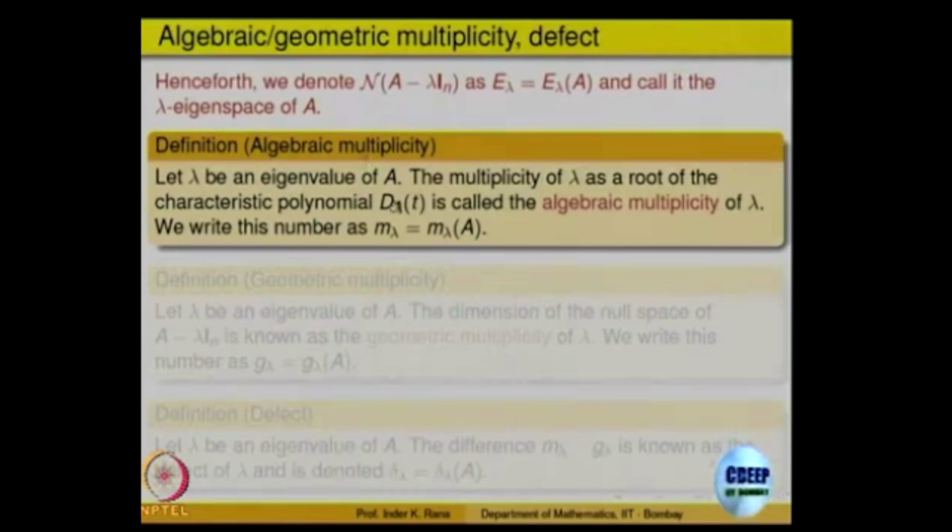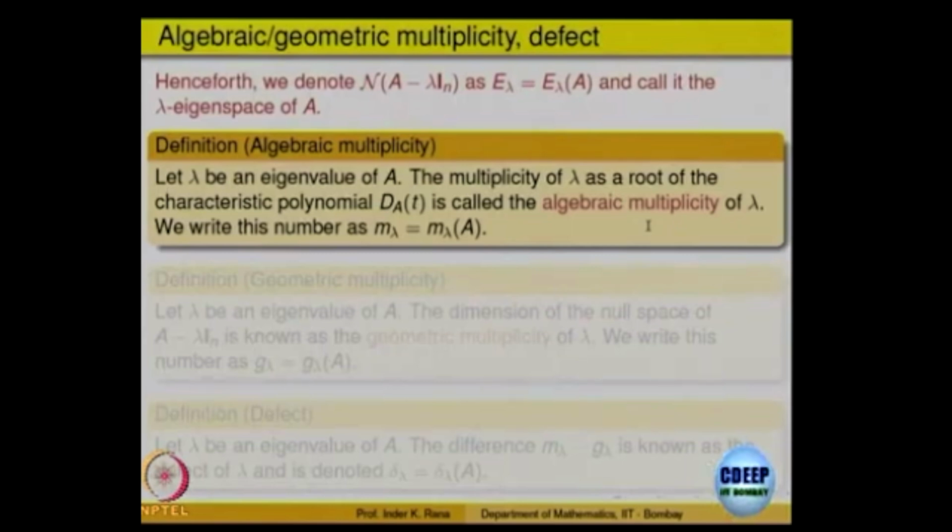We will start calling, if lambda is an eigenvalue, that means it is a root of the characteristic polynomial, and a root may be repeated. The number of times it is repeated is called the algebraic multiplicity of that eigenvalue. As a root of the characteristic polynomial, it appears at least once because it is a root.